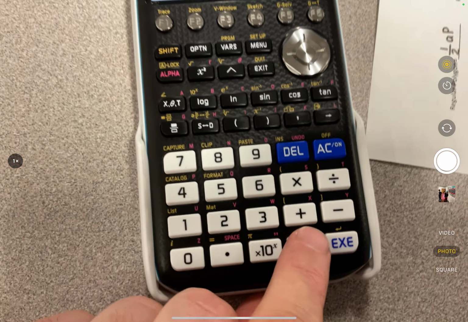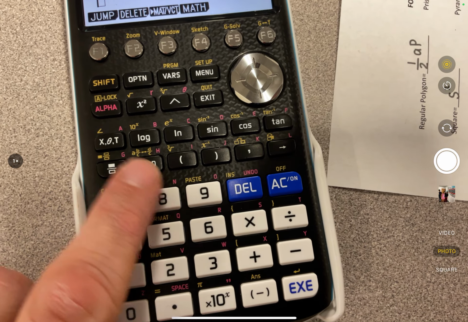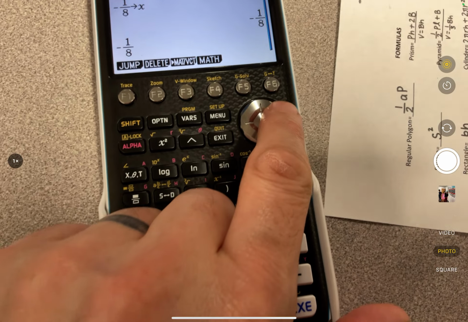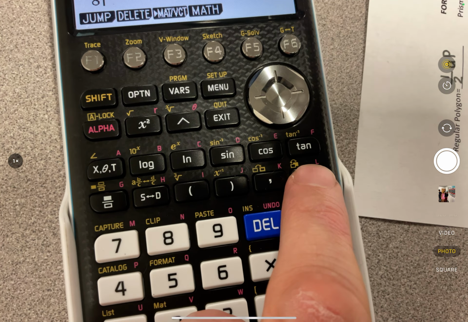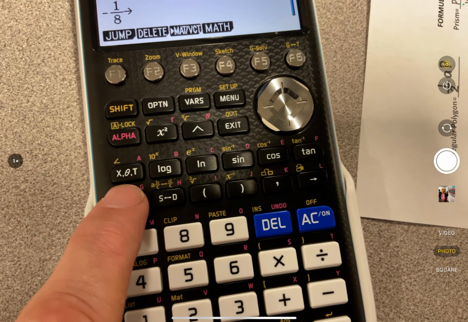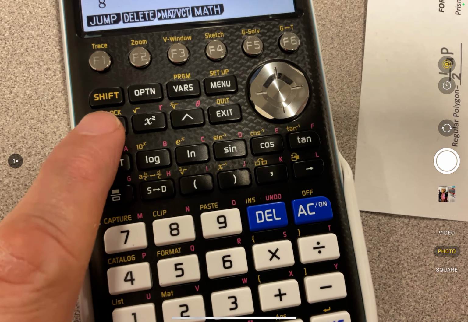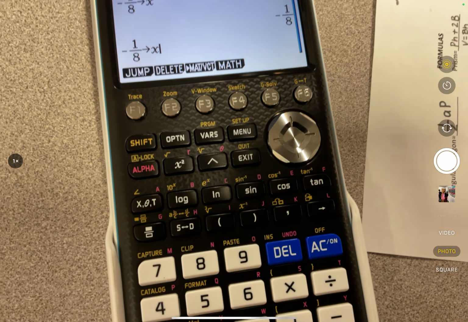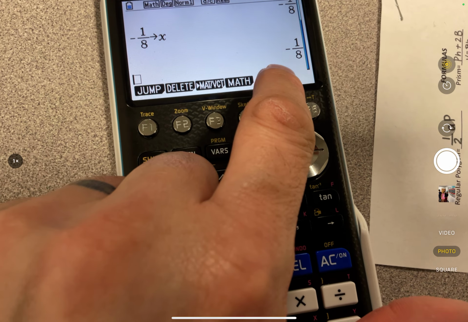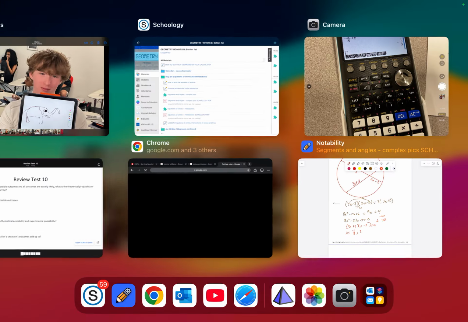I typed in negative 1/8, arrow over here, and then this key, this arrow, is the store key. And then I go to the x key, right below the alpha key. So it's negative 1/8 stored into x, hit enter, and now my calculator thinks that x is negative 1/8.